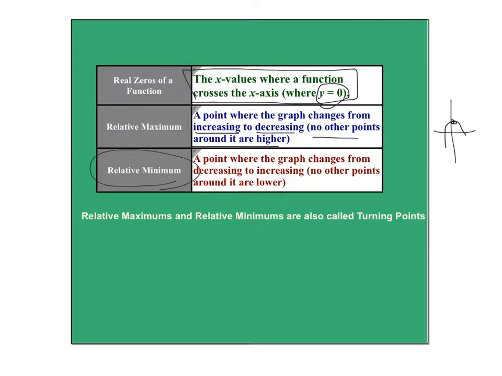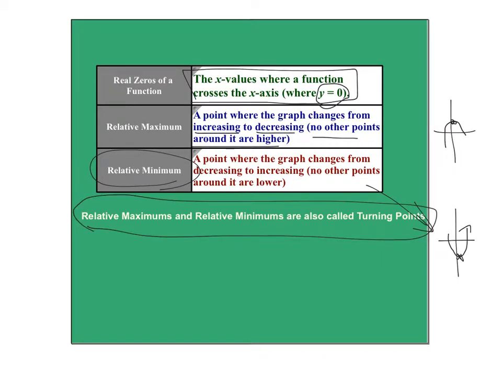A relative minimum is the opposite of that. If I've got a graph and it does something like that, that would be considered a minimum right there. Maximums and minimums are also called turning points. Keep that handy while you're doing this.